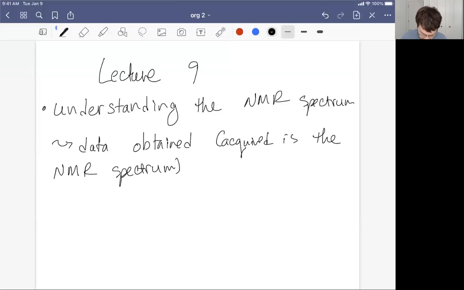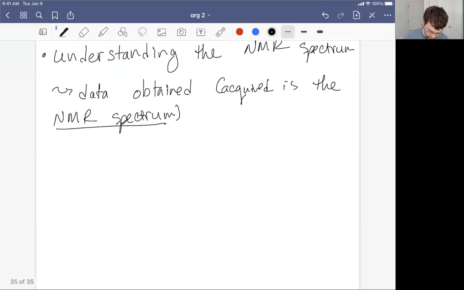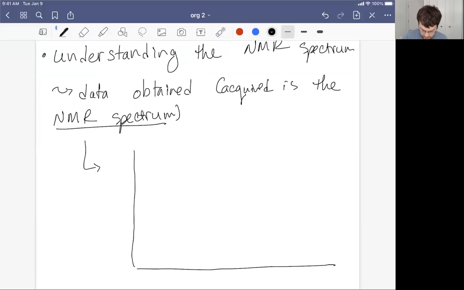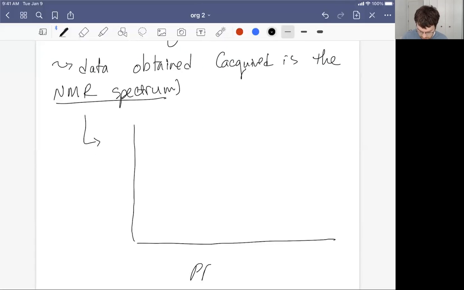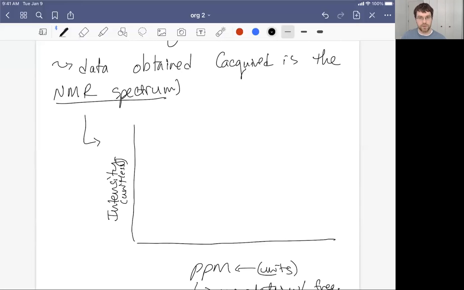Okay, so what does an NMR spectrum look like? Well, it looks like a graph where the x-axis is labeled with an interesting unit, ppm, and the y-axis is intensity, and intensity is actually unitless. ppm is the unit for the x-axis, and we always label it as ppm, but indeed this correlates with the frequency.